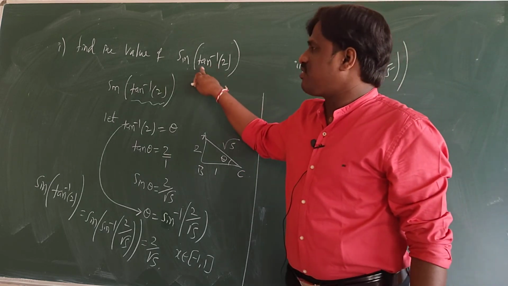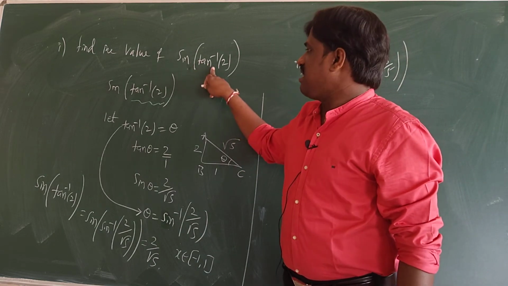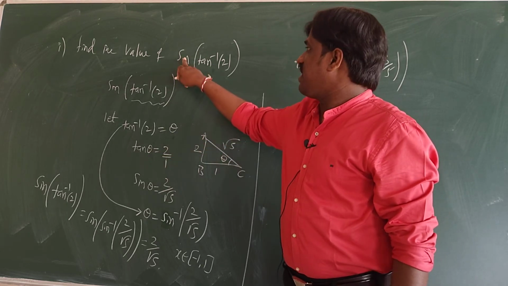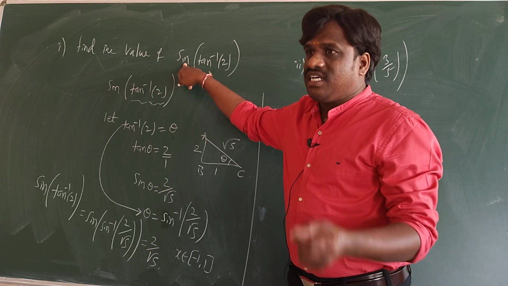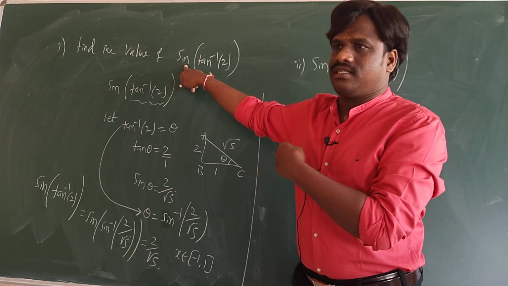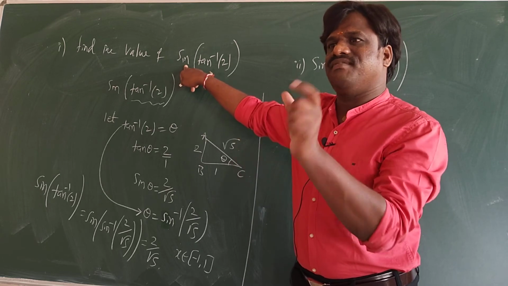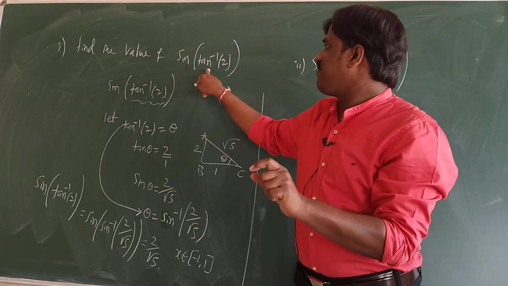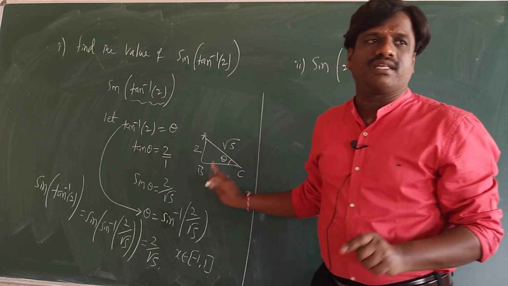So now here I have to find this value. I took tan inverse 2 as theta, so I got tan theta. Whenever you have sine outside, inside should be sine inverse. If it is tan inverse or cos inverse, okay. If not, you need to change it by using the Pythagoras rule.